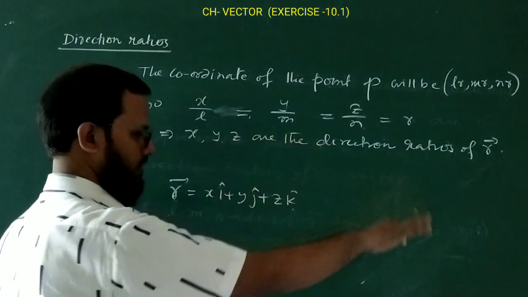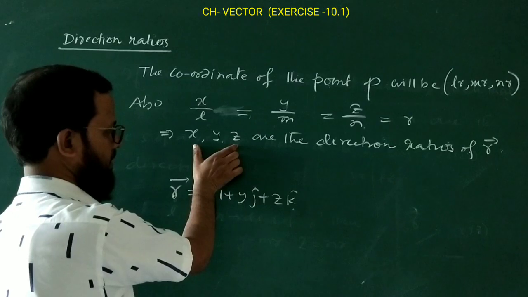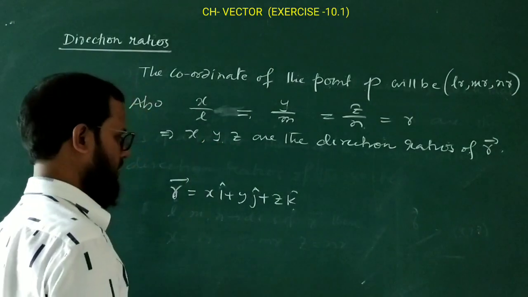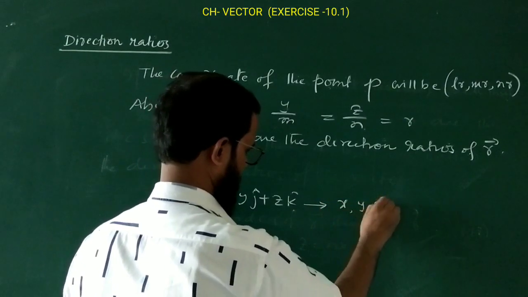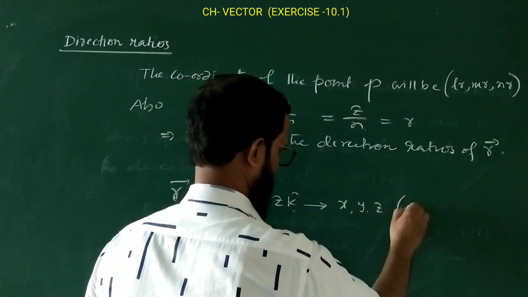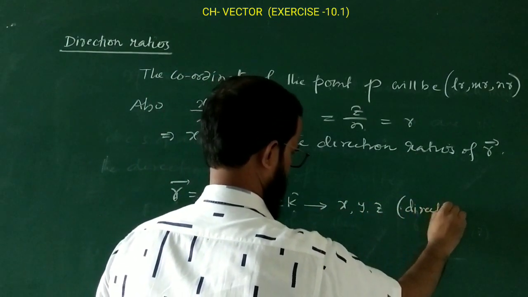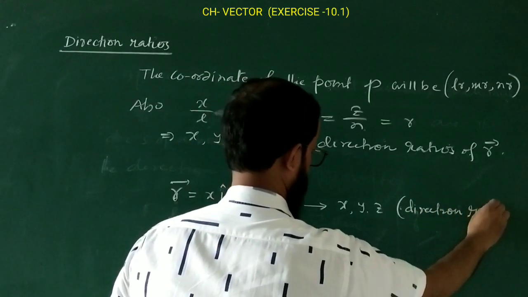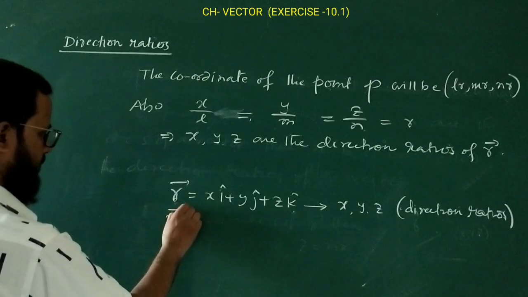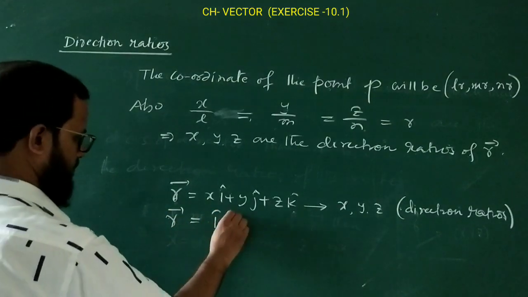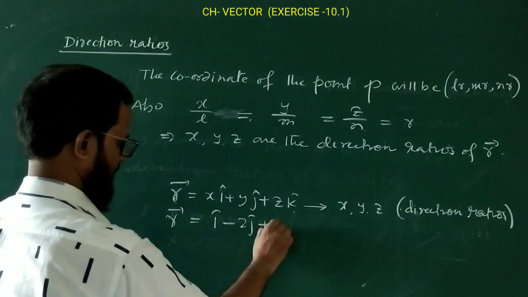From all this discussion we conclude that x, y, z are the direction ratios of r vector. If I give a real example, suppose i cap minus 2j cap plus 3k cap.